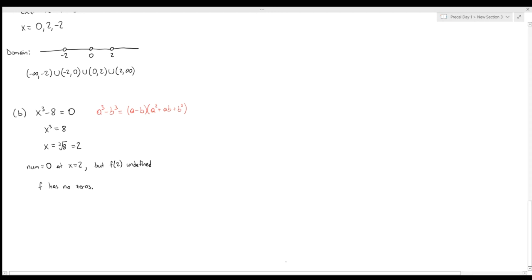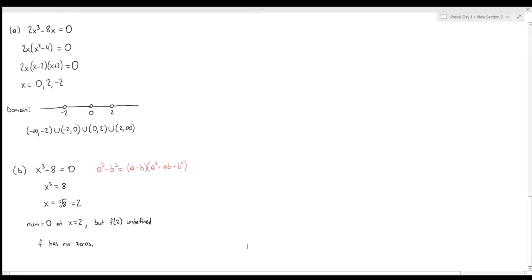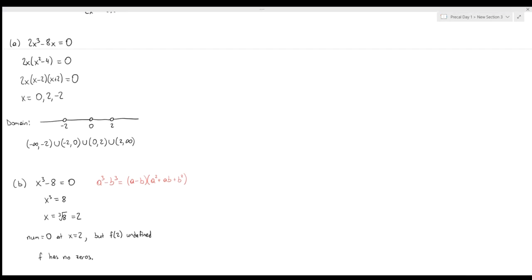So then let's talk about where our function is positive and negative next. So we're going to start with the sign chart again.